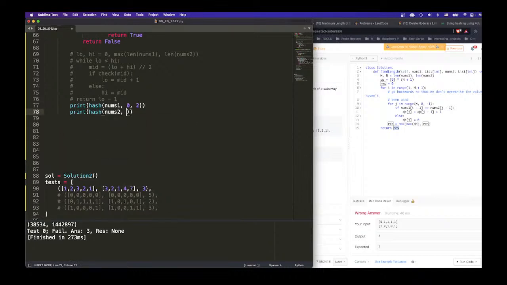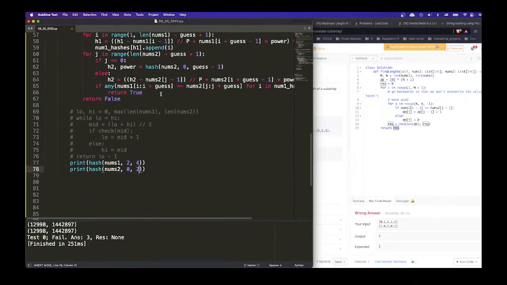Nums 2. No, it's not 0. 0, 1, 2, 3, 4. 2 to 4. And 0 to 0, 1, 2. 0 to 2. They are the same. Okay?